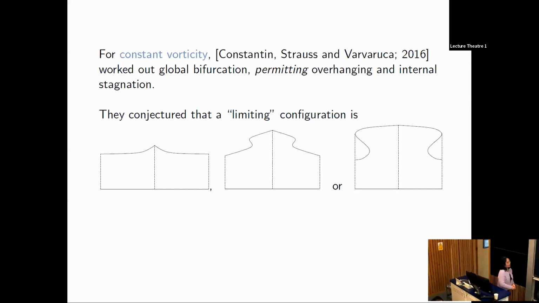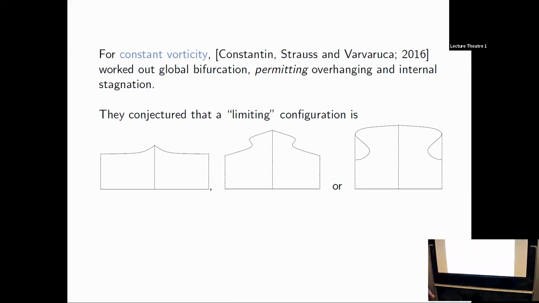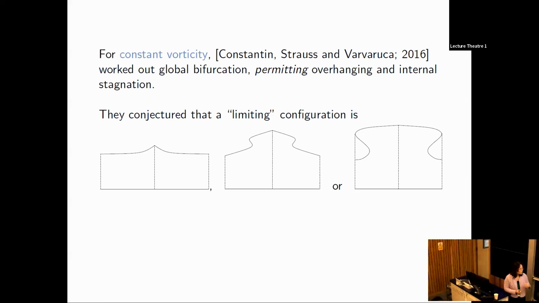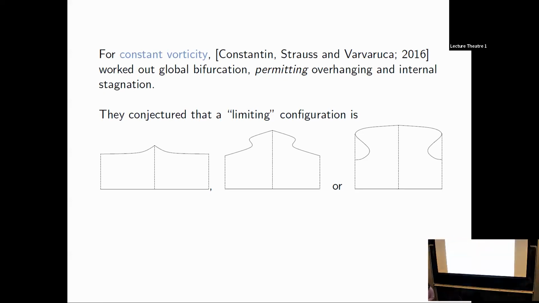And they conjectured that a solution curve they found is going to be limited ultimately by an extreme wave with an angle at the crest, with or without overhanging profiles, or else you should find a touching wave that you see on the right, whose profile will bend to touch itself at the trough line and trap an air bubble. But these are actually very major contributions to this subject, but the proof is very non-constructive.